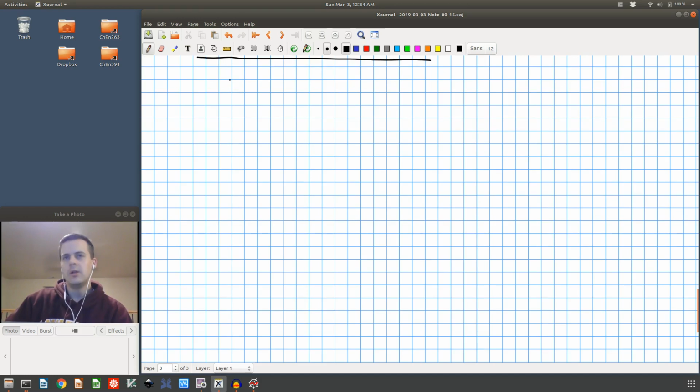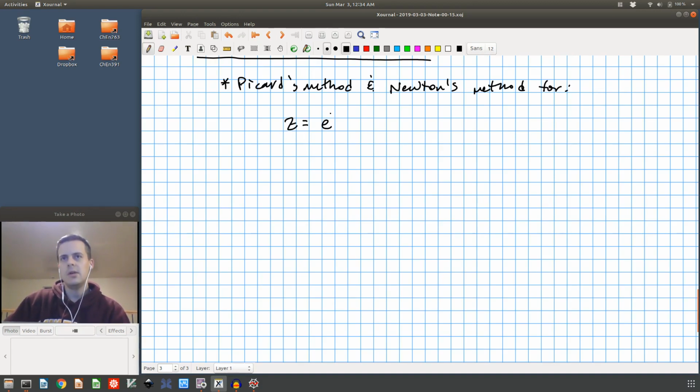So here's the example. We're going to do Picard's method and Newton's method for z equals e to the minus y. That's our first equation.